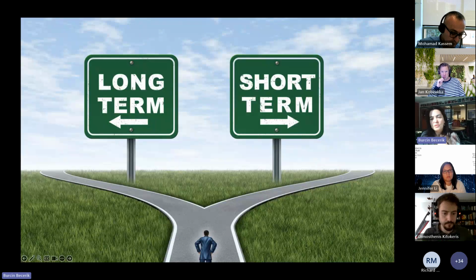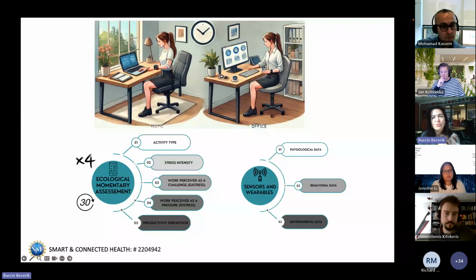So right now we're in the process of actually collecting long-term multimodal data sets for modeling health in real-world buildings. So we're collecting data over 6 months from 30 participants to detect and map stress patterns across space and time. So we're looking at their home environments as well as their office environments.